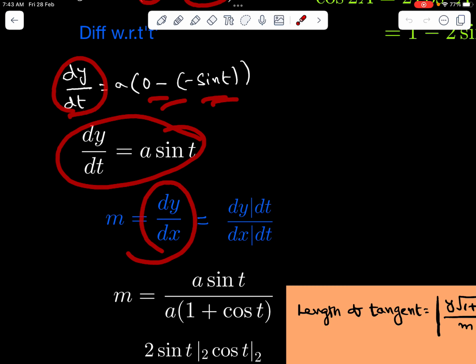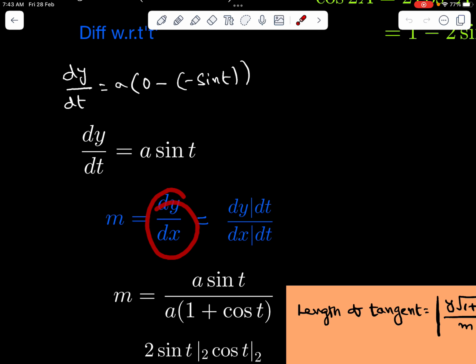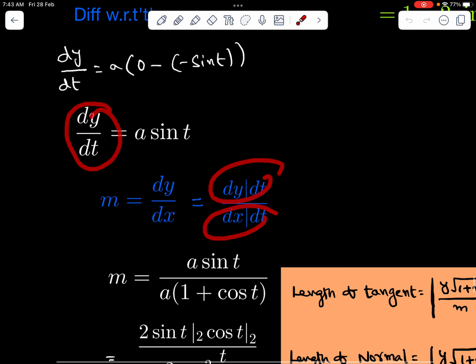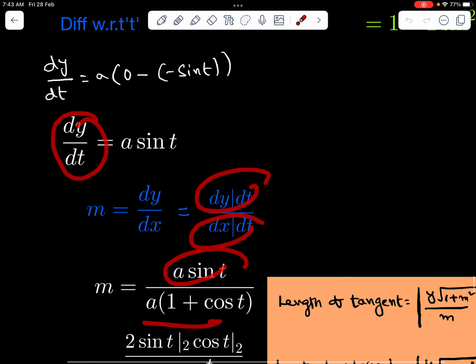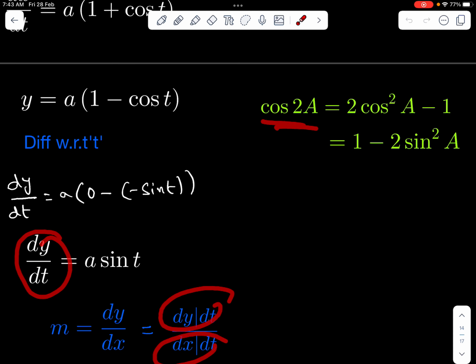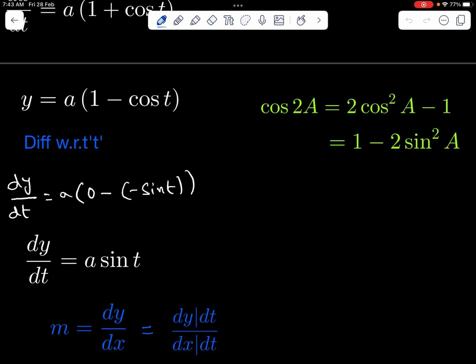Therefore, m is equal to dy by dx, that is dy by dt by dx by dt. Therefore, a sin t by a into 1 plus cos t. Here you can observe one formula: cos 2a is equal to 2 cos square a minus 1 and 1 minus 2 sin square a. Therefore, 2 cos square a is equal to 1 plus cos 2a and 2 sin square a is equal to 1 minus cos 2a.